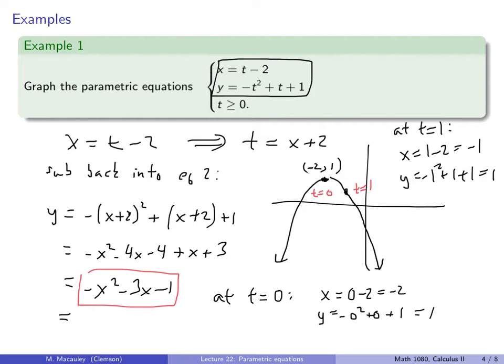So the ant starts here, and then walks along this path, and it speeds up in such a way that the speed in the x direction is constant, which means it has to be moving faster and faster because this thing is getting steeper and steeper. So our ant starts here, and it travels along this parabola.